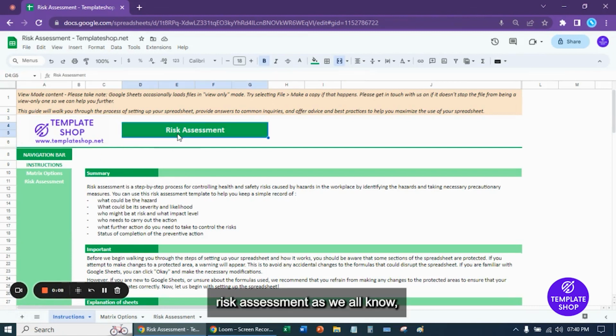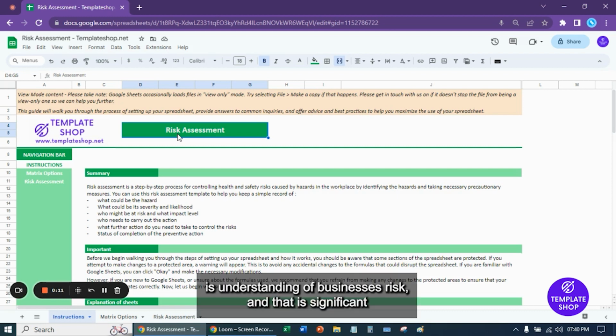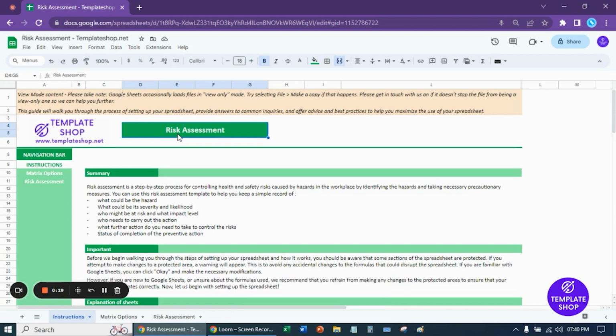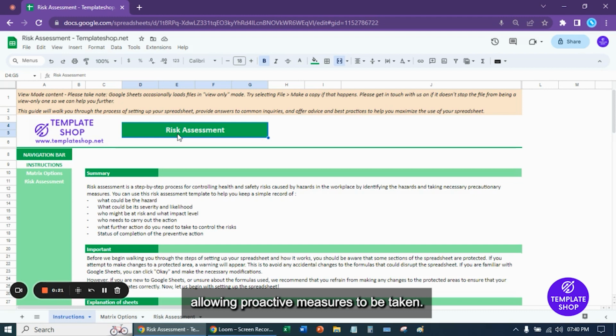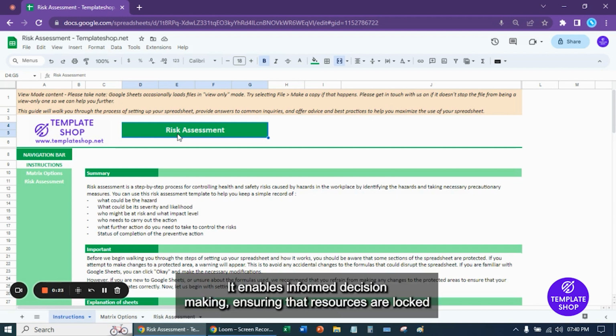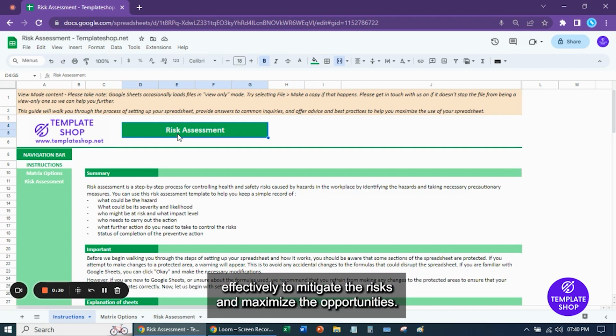Risk assessment, as we all know, is understanding a business's risk, and that is significant as it helps identify potential threats and vulnerabilities, allowing proactive measures to be taken. Now, it enables informed decision making, ensuring that resources are allocated effectively to mitigate the risks and maximize the opportunities.